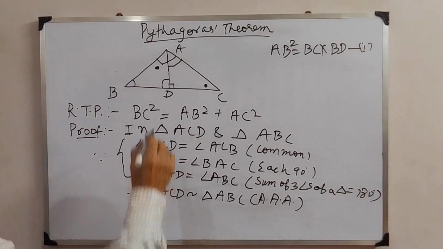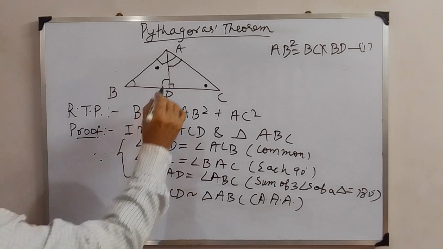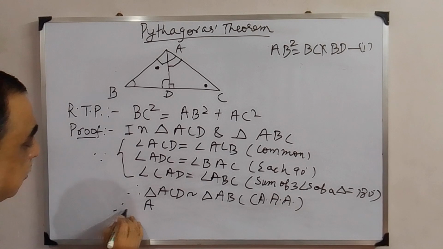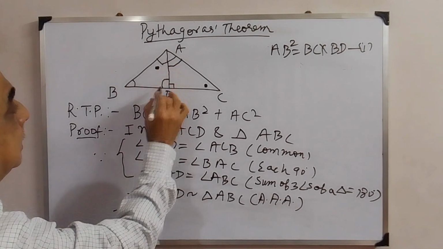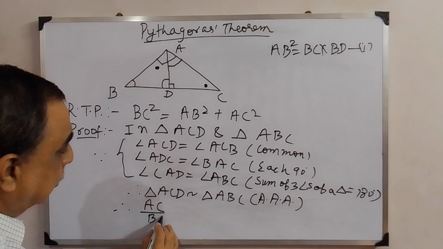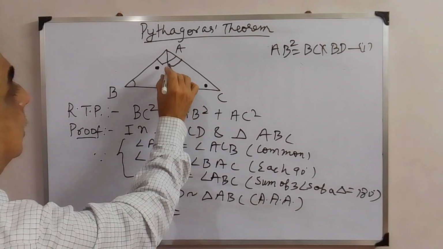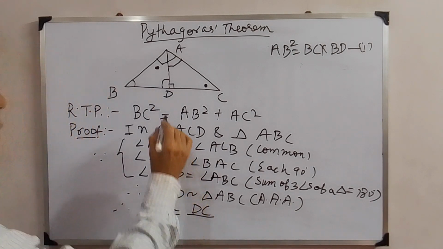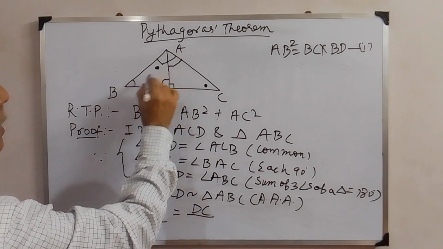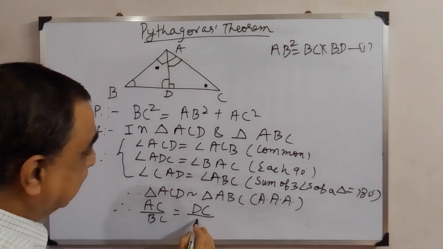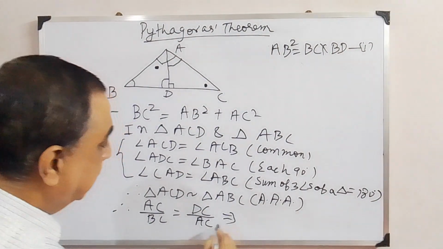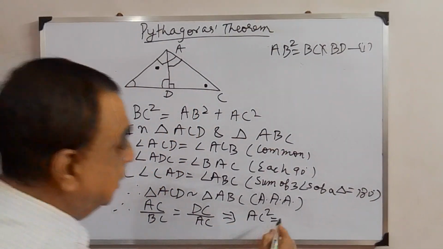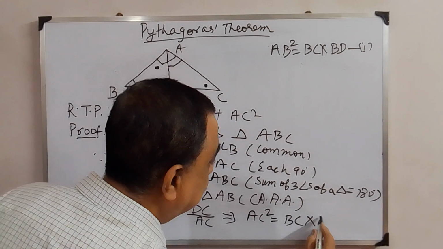The corresponding sides will be proportional, so AC divided by BC is equal to DC upon AC. From here, by cross multiplication, we get AC squared is equal to BC into DC.